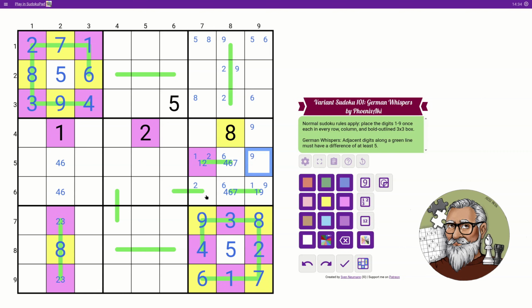That seems too difficult. I must be missing something easier than all of that. What am I missing? What could I miss here? If this is 7 and 9, then this one is 2. Oh, that doesn't work. This is already there, but we could have 1. 2 doesn't work, but we could have 1, right? 1 is not gone here.